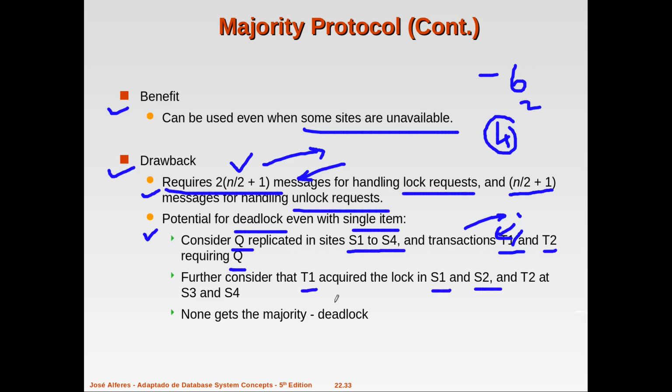So T1 gets the response from S1 and S2, and at the same time T2 receives grants from S3 and S4. Now both have 2 grants, so there is no majority. So no transaction can currently access the item Q. That forms a deadlock, which means we cannot continue with the transaction. So even with a single data item, there is a chance of deadlock. That is the second drawback of using the majority protocol for distributed transaction concurrency control.